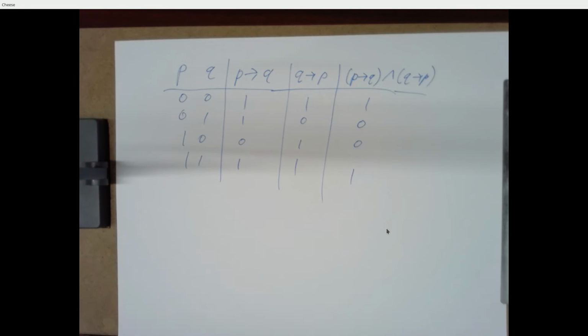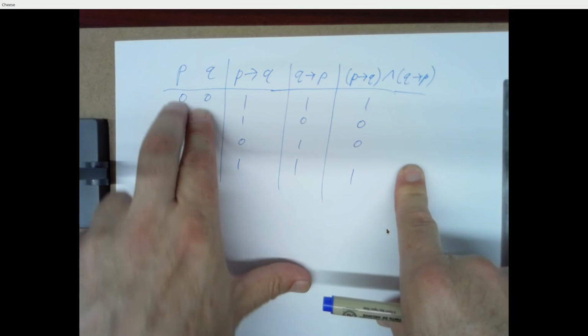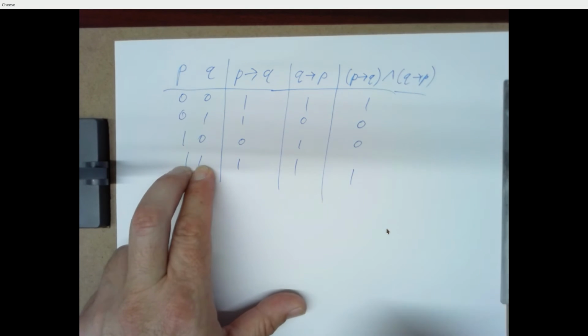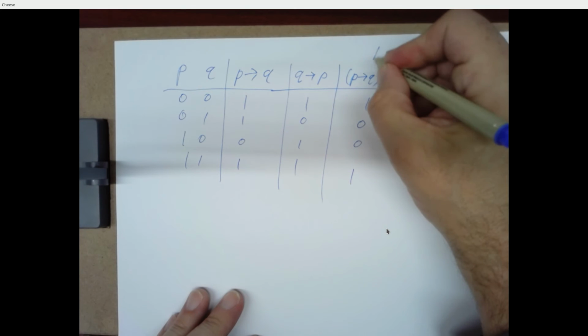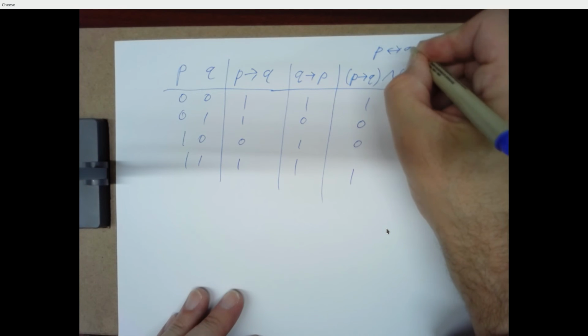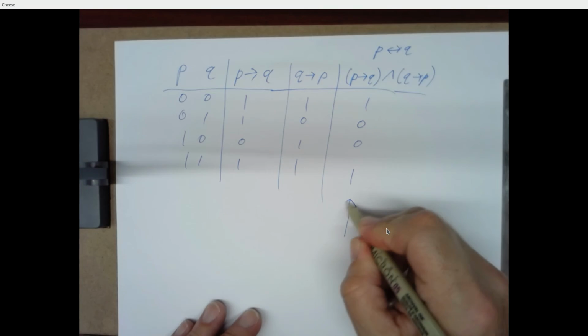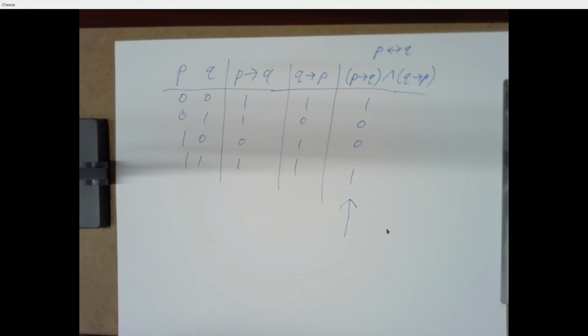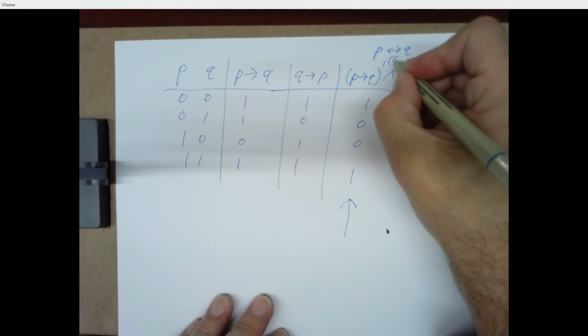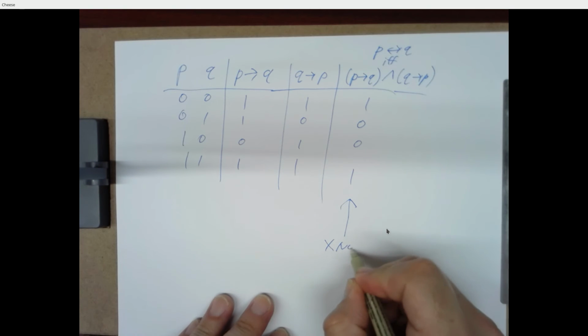And you can see here that P and Q have to be both false or both true for this biconditional to be true. And this is called a biconditional. And what's the other name for a function with this truth table? If and only if. It's an if and only if. It's also an exclusive NOR.